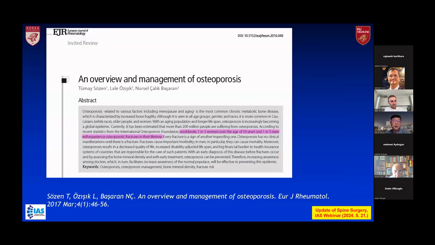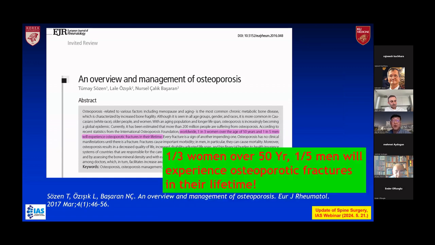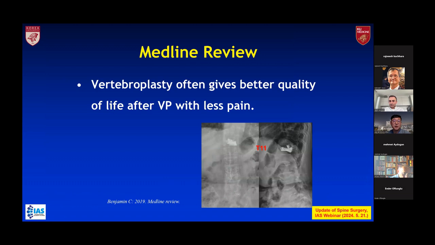This is a very interesting paper published by a Turkish group, an overview and management of osteoporosis. They mentioned that 1/3 of women and 1/5 of men over the age of 50 years will experience osteoporotic fractures in their lifetime. This is quite a high incidence.